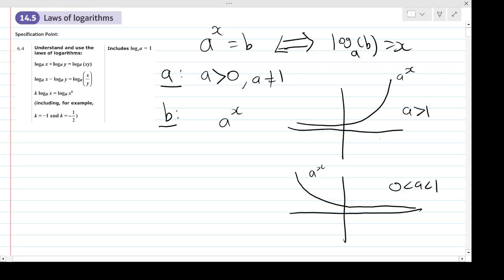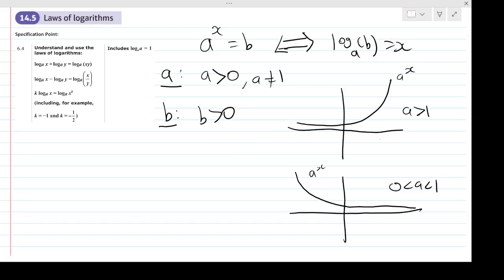What do you notice in general? Either graph is above 0. They're all positive. So A to the x is always positive, it's above 0. Well, A to the x equals B. So that means B is always above 0, and that's it. So with our logarithm, our input B, you can only have inputs that are above 0.